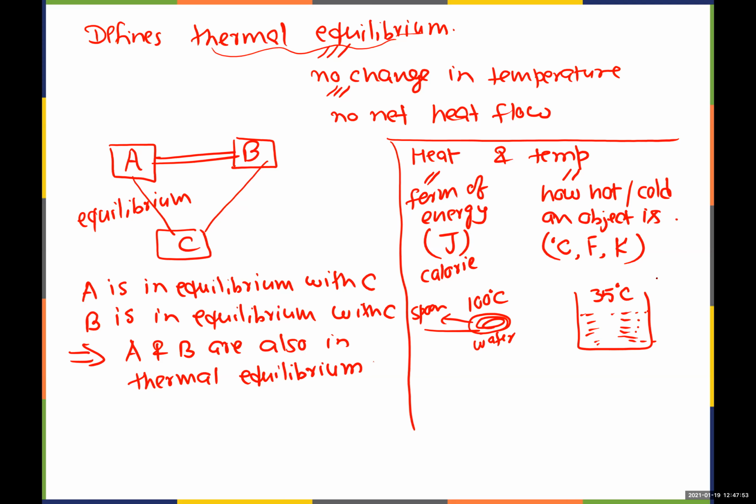For simplicity, say the spoon has only 100 atoms of water, while the beaker has 10,000 atoms of water.